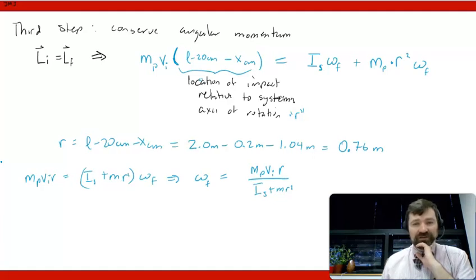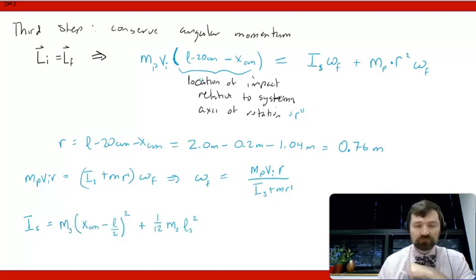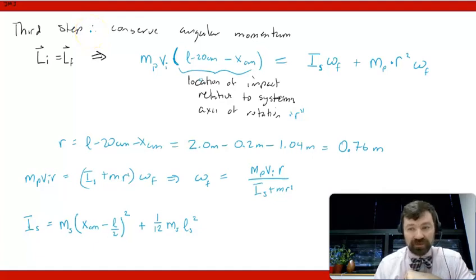I still need to figure out I stick. So what is I stick? I stick is basically we have a rod that's being spun about an axis through its center, and you end up actually having a somewhat complicated looking formula.